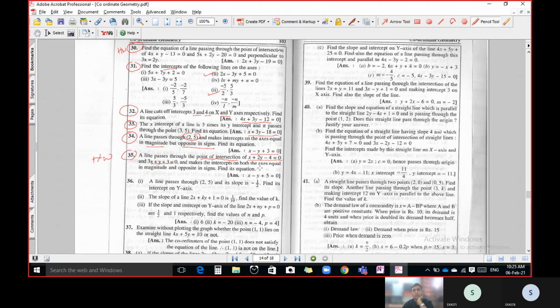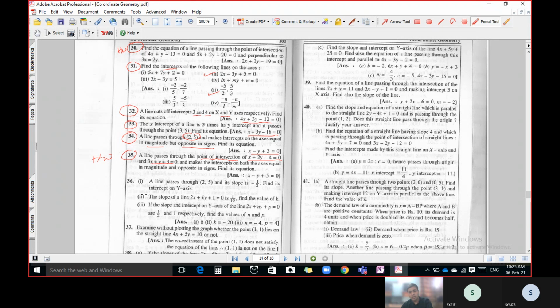Makes the intercept on both the axes equal in magnitude but opposite in sign. So what is the difference between these two examples? In 34, the point is already given. In 35, first of all you have to find the point, and then the rest of the part is same as question number 34. So consider that this is your homework.